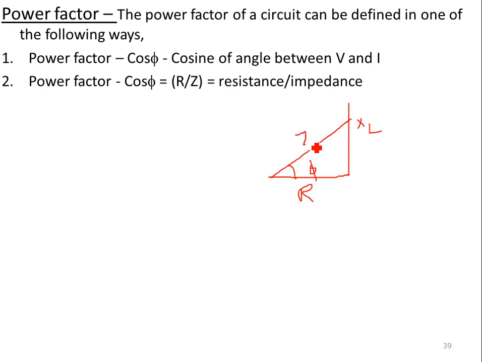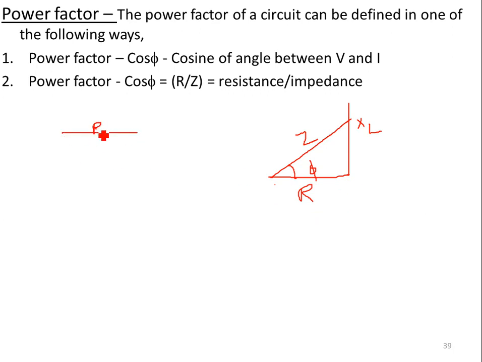That is Z. By Pythagoras theorem, Z is root of R squared plus XL squared. So what is cos phi? Cos phi is adjacent by hypotenuse. Adjacent is resistance, and hypotenuse is Z.